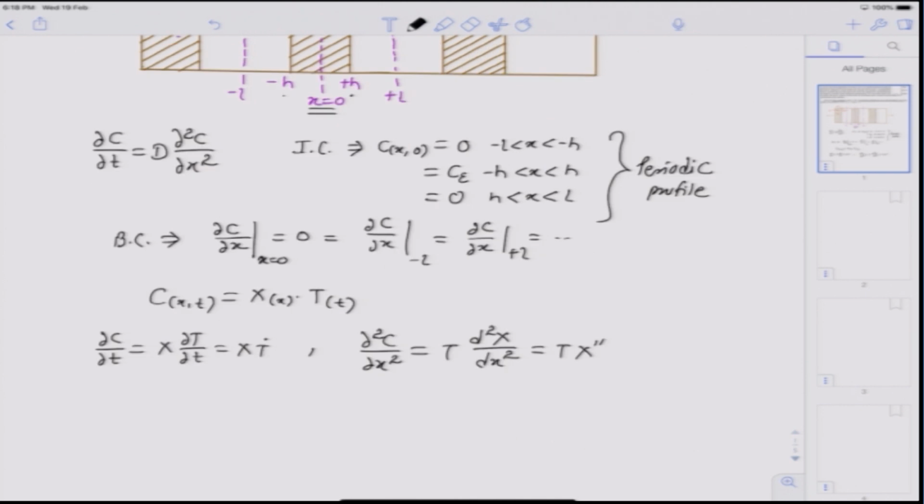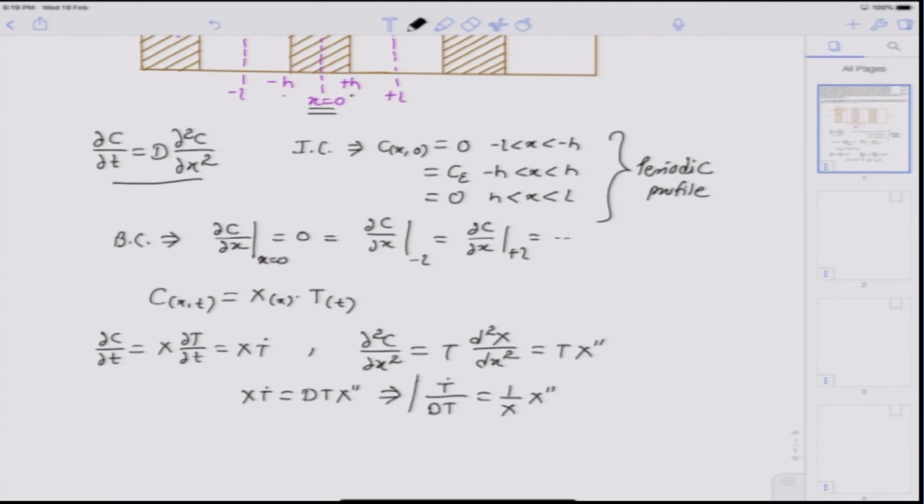So, if we substitute in the diffusion equation here, we get X T dot is equal to D times T X double prime, which yields, if we rearrange, T dot over DT equal to 1 over X times X double prime.